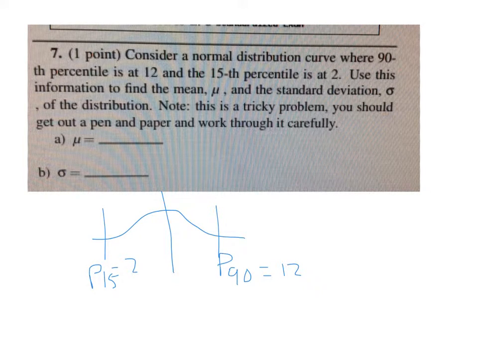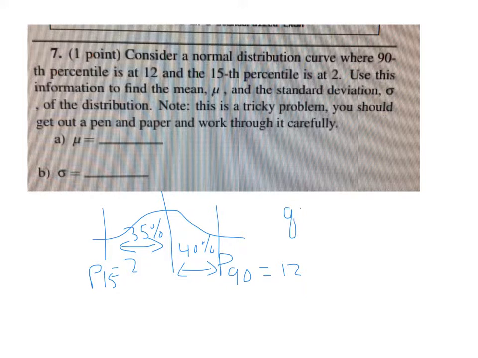These are not the same distance from the mean, because this one is 35% from the mean and this one is 40%, so this is not symmetrical. The best way to do this is to create a system of 2 equations, and you'll remember back to grade 10 when you did elimination and substitution to solve 2 linear equations. That's what we're going to do here.